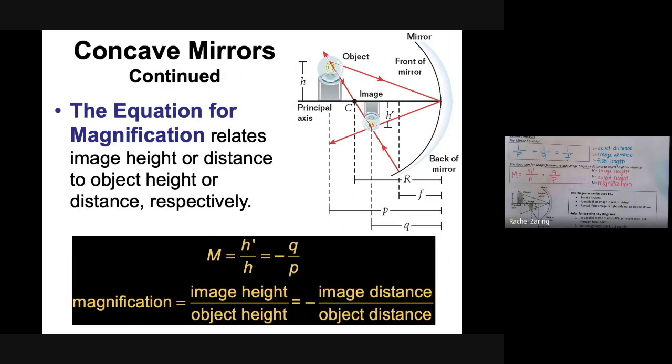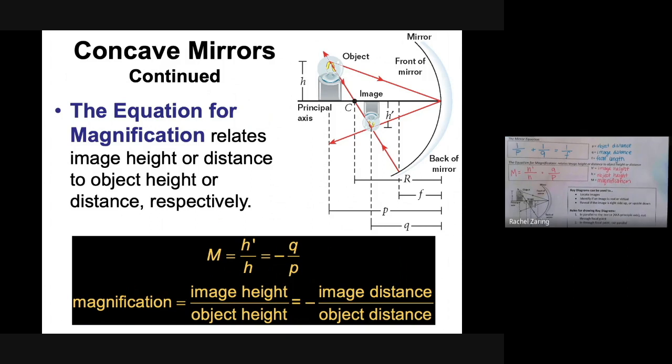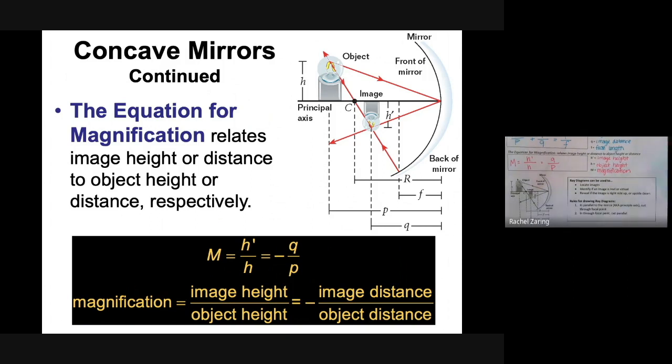We're also able to measure what is called magnification. What is the size of the image as related to the size of the object? Curved mirrors allow us to either magnify large or magnify small the images that we see. So we're relating image height or distance to object height or distance respectively.